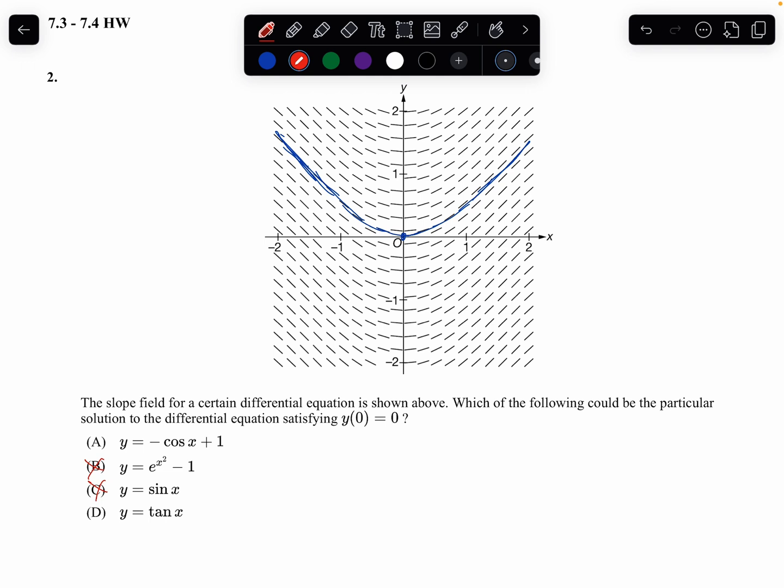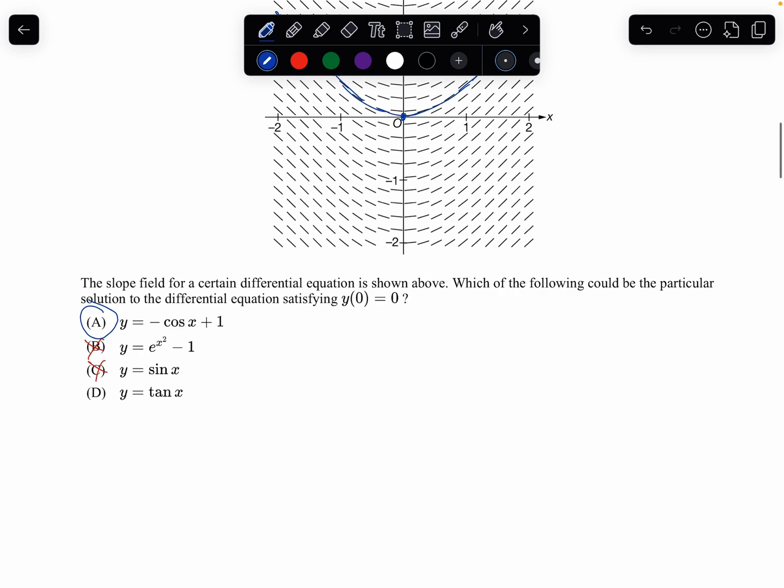Okay, let's look at D. Tangent of x. Oh no, tangent of x looks something like that. So the slope field definitely doesn't follow. So I think I was correct in going with this right here. Going with A. Okay. I think that's it for 2.